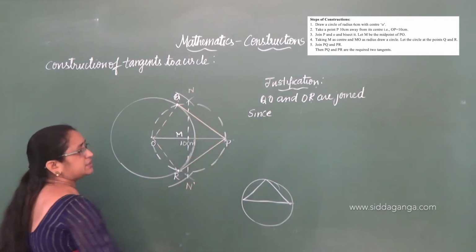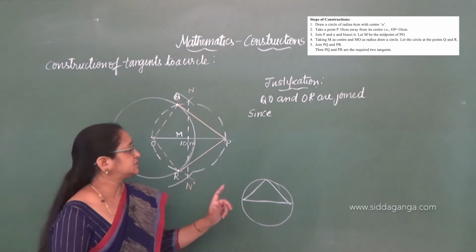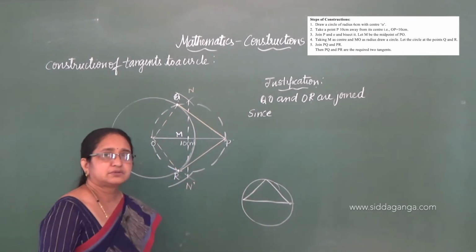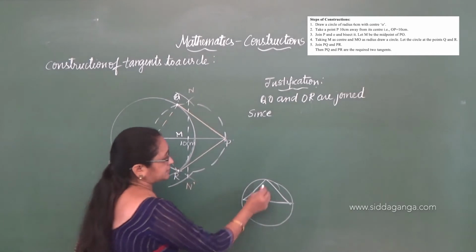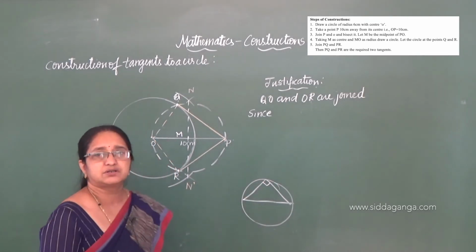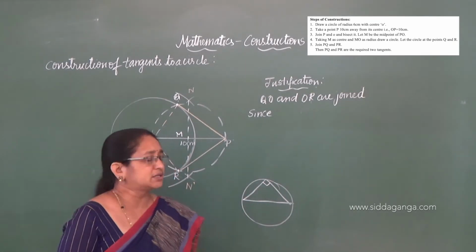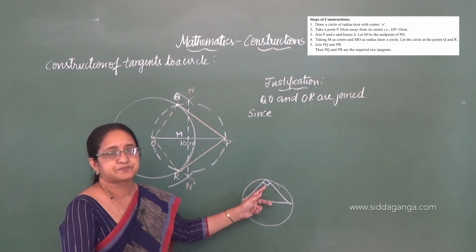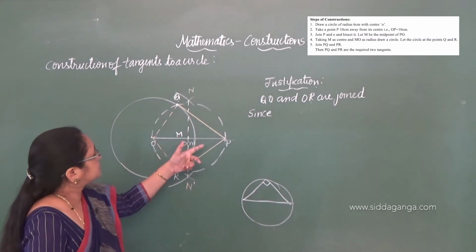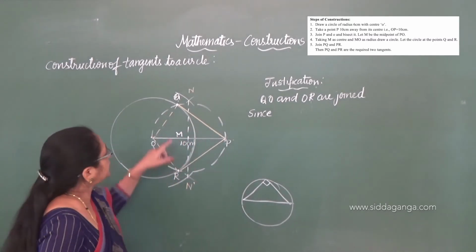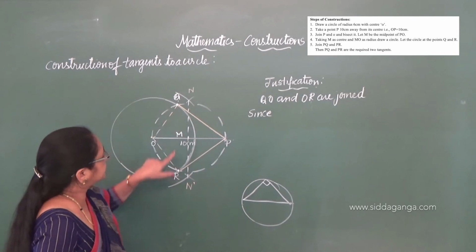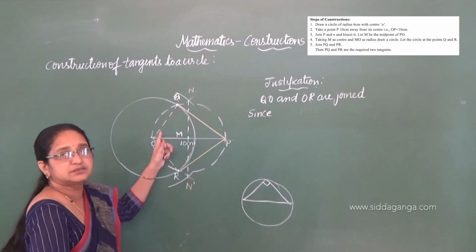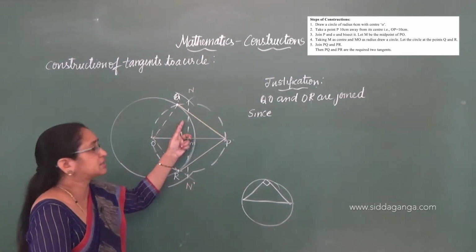Angle OQP is inside the semicircle. I hope you understood. So definitely you all know that this is 90 degree. You have learnt in the lower class, the angle formed in the semicircle is 90 degree, isn't it? So by using that knowledge, we can prove. Now we know that these two angles are 90 degree because they are angles in the semicircle.